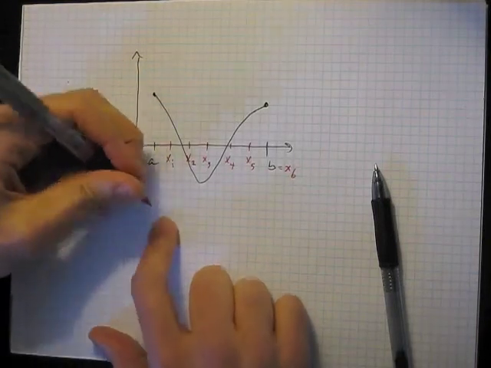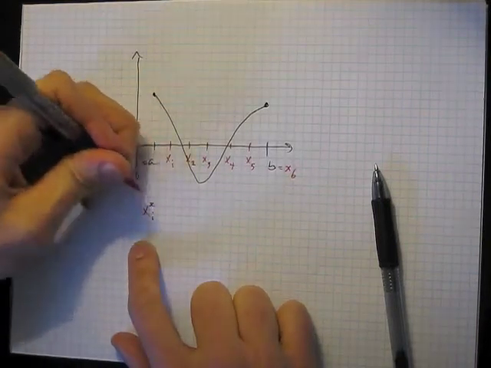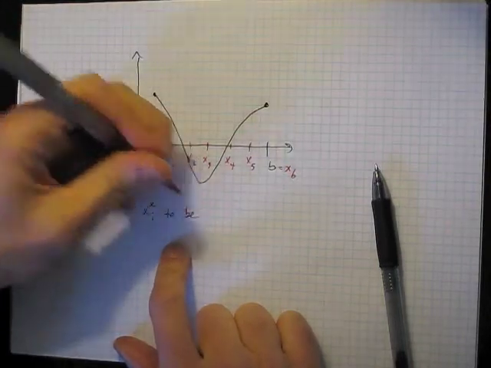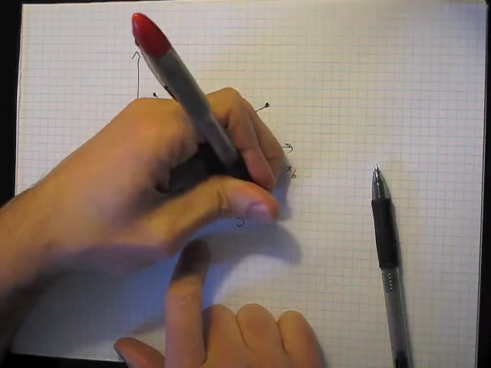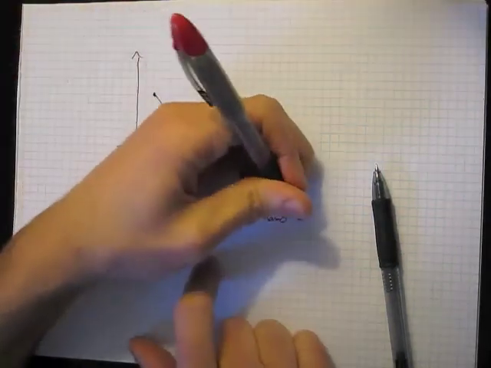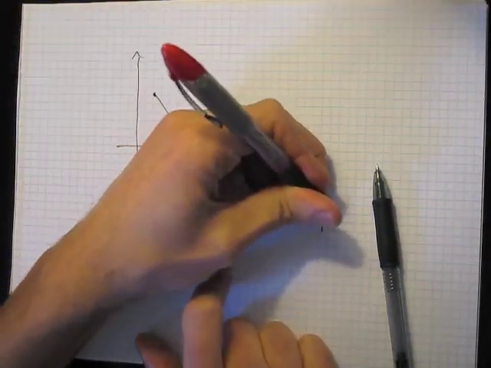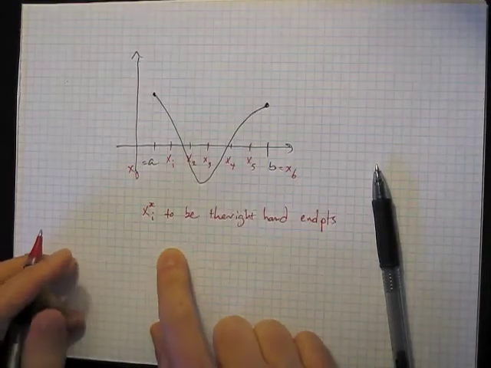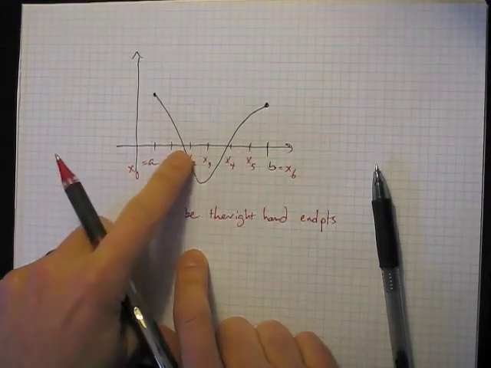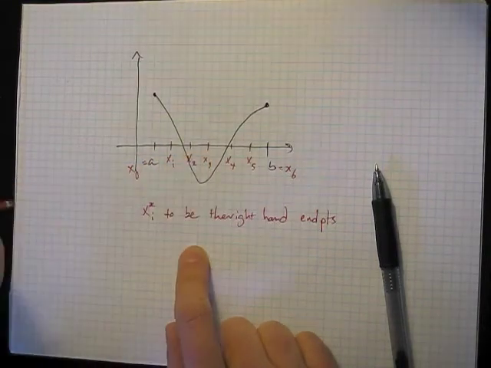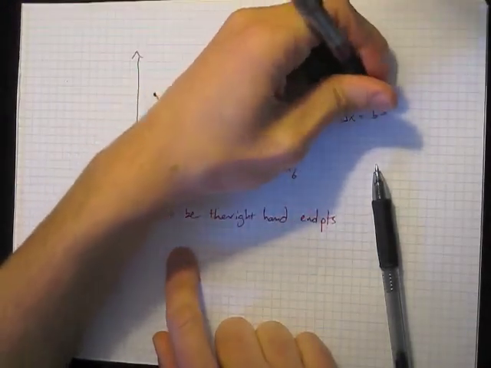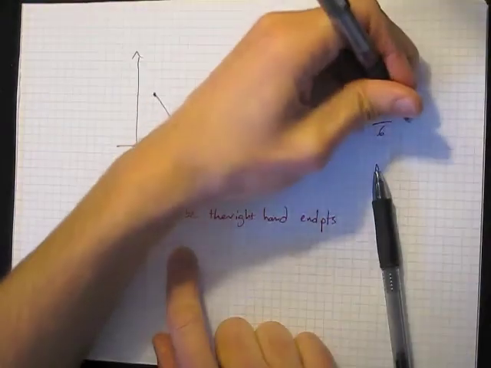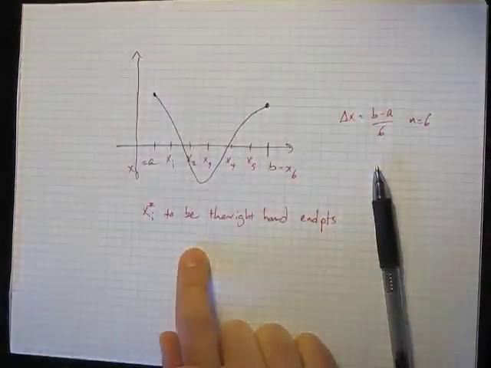So let's take xi star to be the right-hand endpoints. Each of these intervals has length delta x. Delta x is equal to b minus a over 6, so n equals 6 here.